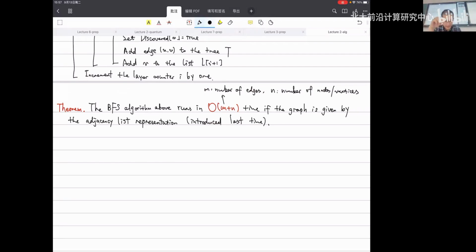But I think one thing we want to do is give a remark early here. Some students may ask, why O(M plus N) here, why not O(M)? Because in general M is larger than N, so this looks a little bit weird.